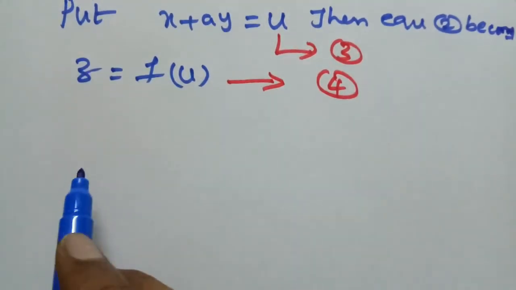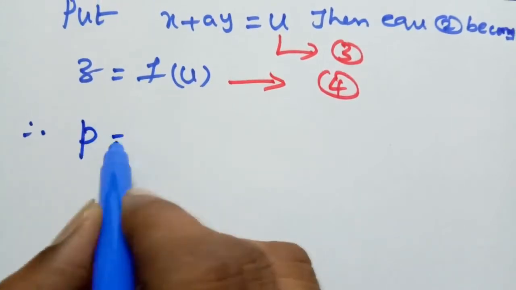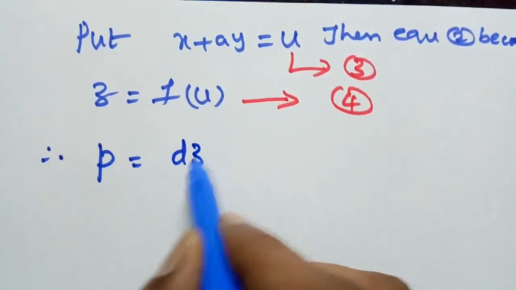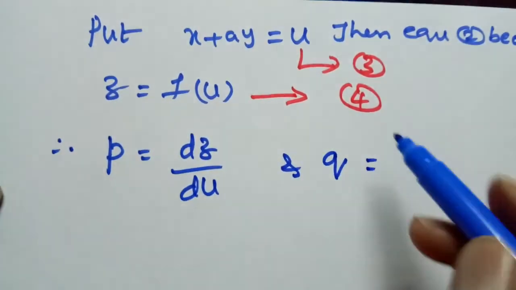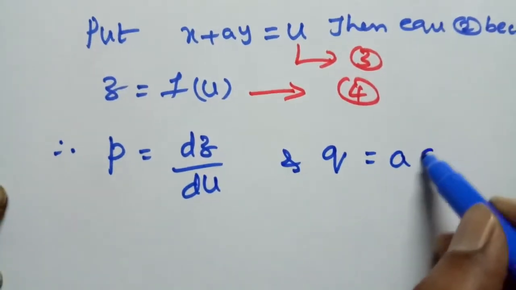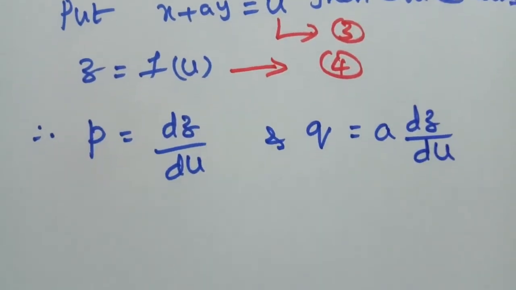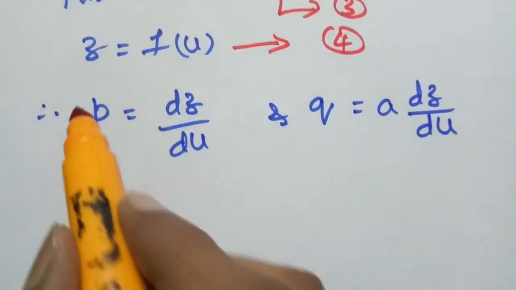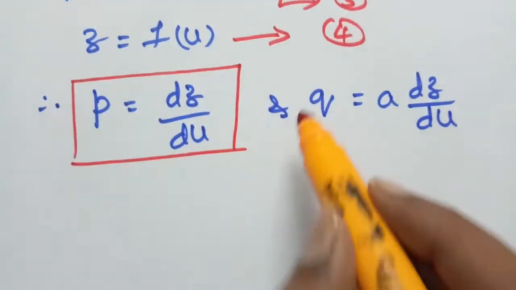Therefore, p is equal to dz by du and q is equal to a into dz by du, as explained in the method of solving type 3.